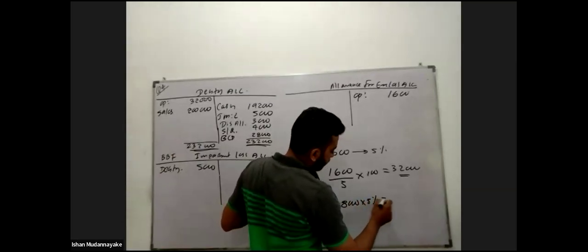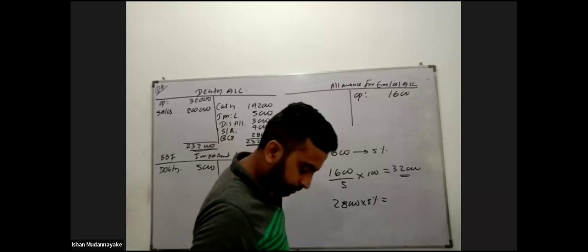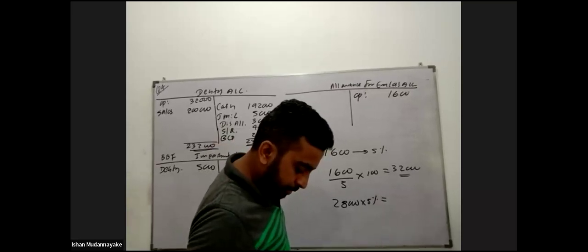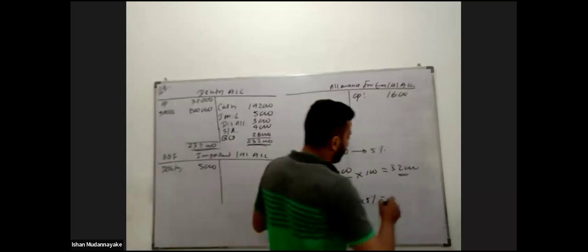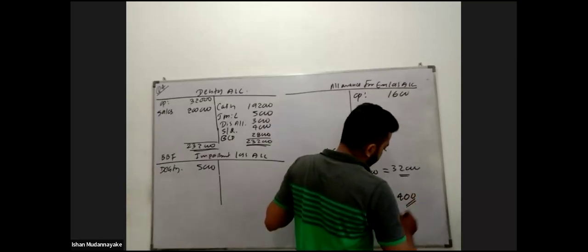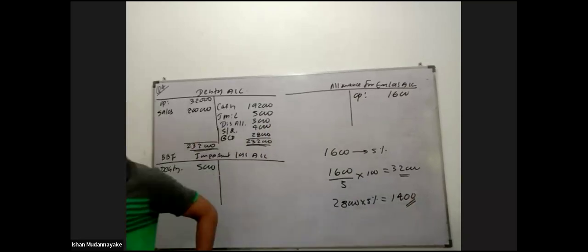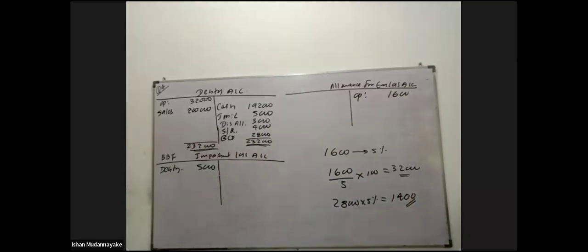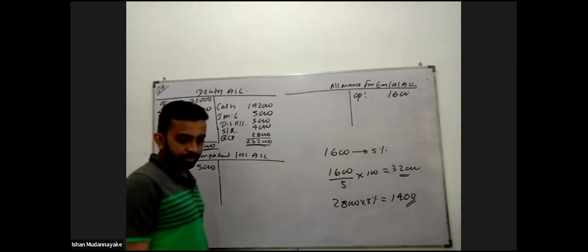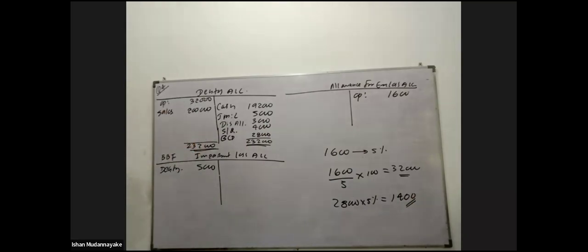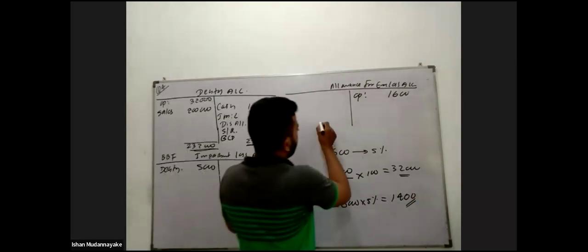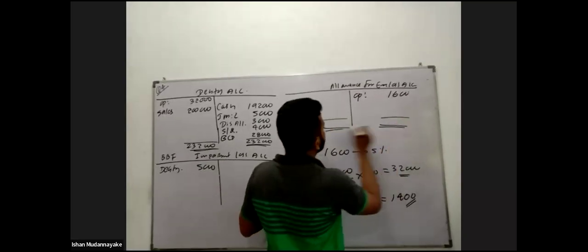28,000 into 5%. How much? 1,400. Based on the closing debtors balance of 28,000, the allowance for expected loss closing balance is 1,400.